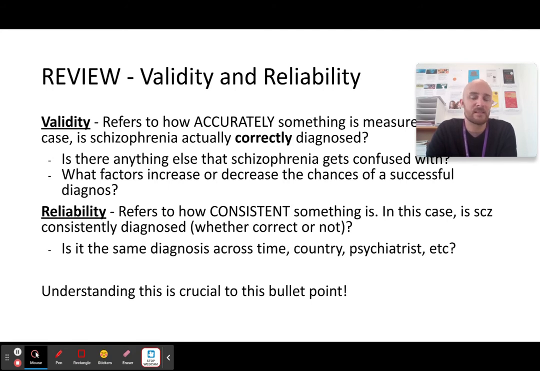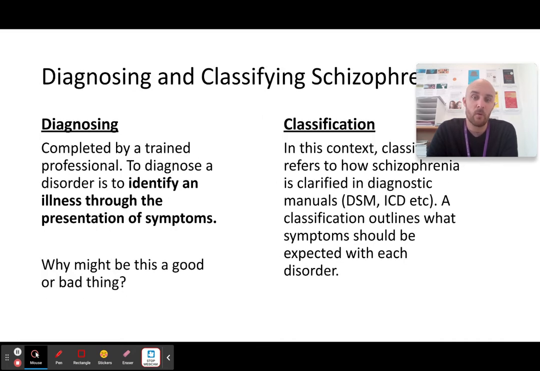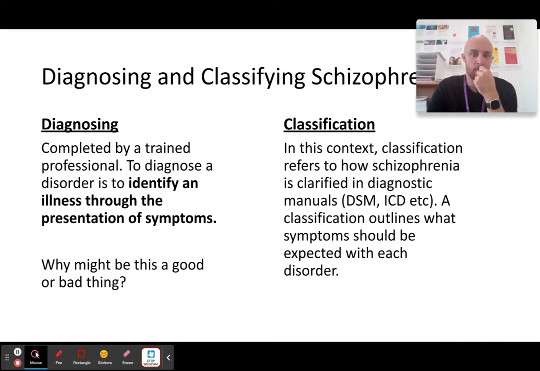Understanding this is so important. You also need to know the difference between diagnosing and classifying. Diagnosing is what a doctor, a psychiatrist, or a psychologist does. To diagnose a disorder is to identify an illness through looking at symptoms.